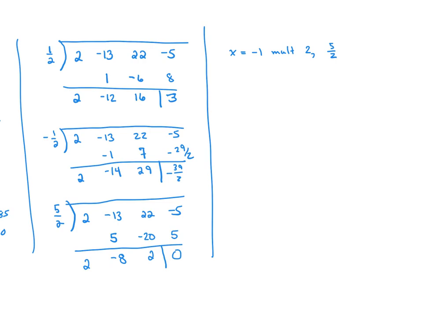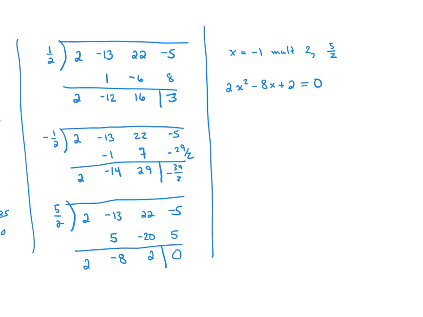Well, now we're down to a quadratic. So let me take 2x squared minus 8x plus 2, and let's set that equal to 0. We don't have to keep doing synthetic division because now we're down to a quadratic. Once you hit a quadratic, 3 terms in your quotient, you stop.